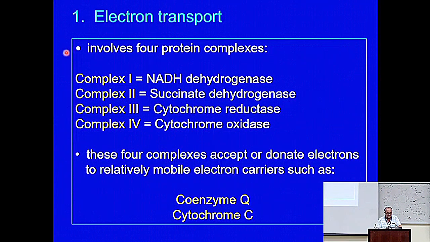But between these different complexes, there are two mobile electron carriers, coenzyme Q and cytochrome C. Coenzyme Q carries electrons between complex 1 and 3, or 2 and 3. Whereas cytochrome C can carry electrons between complex 3 and 4.